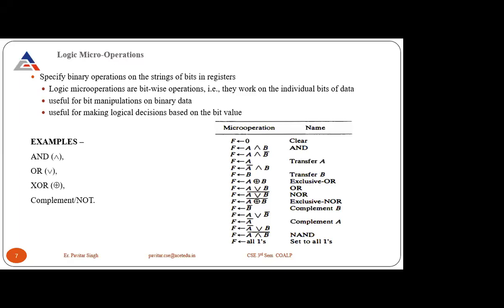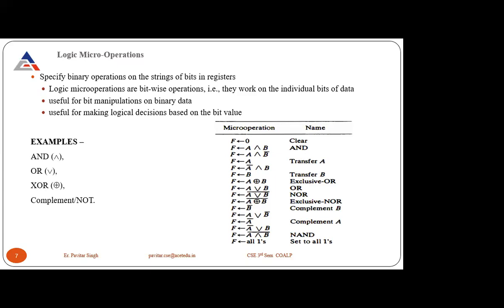The first one is called AND, which is written with this symbol. Then we have the OR logic micro operation, which is written with this symbol. This one is for AND and this one is for OR. Next we have the XOR operation, for which we use this symbol.